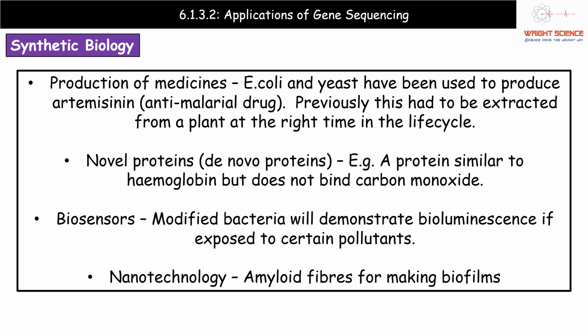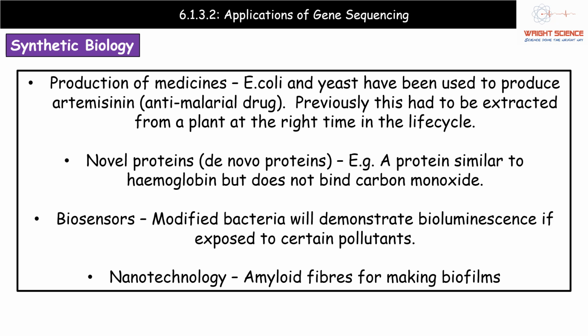Now we can just take the actual gene from the plant, insert that into E. coli or yeast through genetic engineering, and they will then produce the drug for us. We've removed that complexity of having to have a plant that's growing. We've removed the complexity of having to have it at the right point of its life cycle to remove the drug. And we've now just got a vat of these bacteria or yeast cells which are going to produce the drug which we can extract easily.